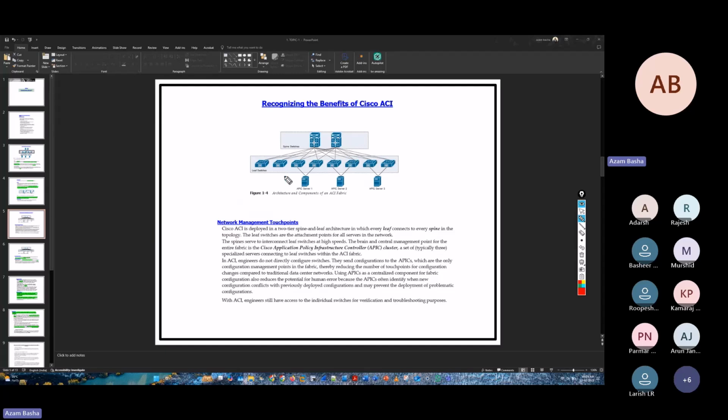The first component is the Epic controller. The second component is Leaf.